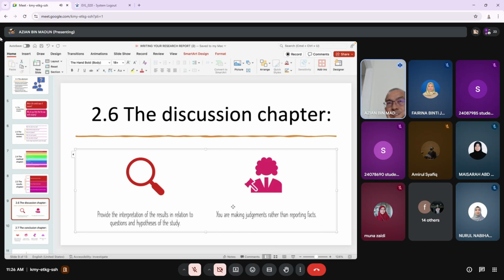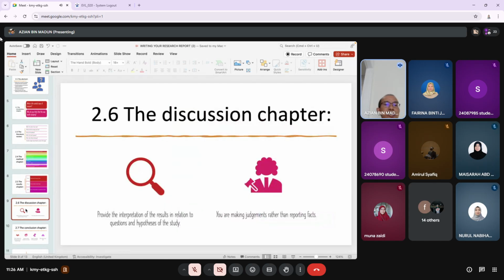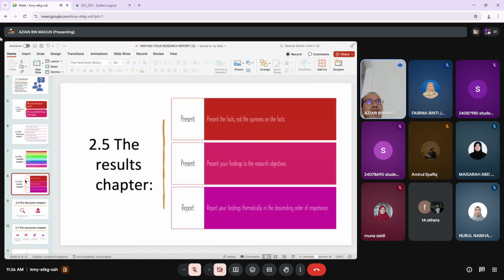So this usually happens when your data is from a survey: you have split results and split chapters, results in one and discussion in a different chapter. But when you read qualitative methods, usually interviews or focus groups, you will find that the results and discussion are together.